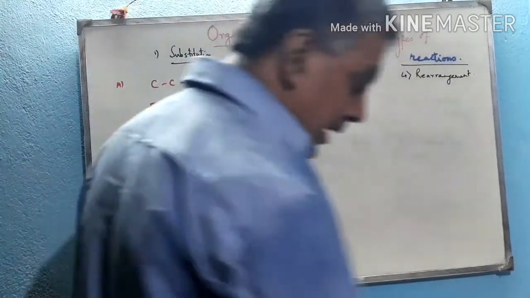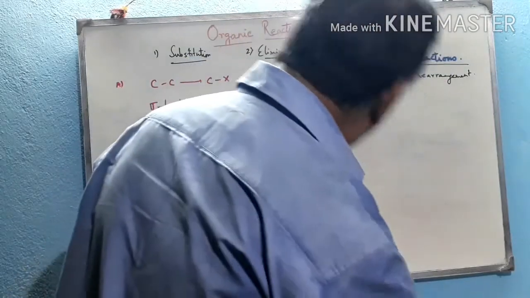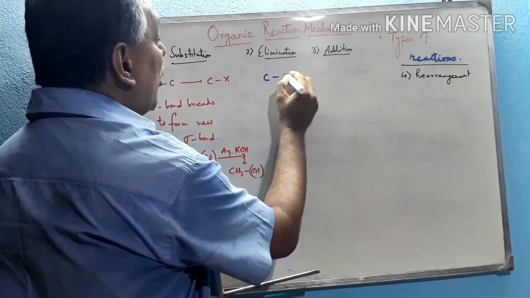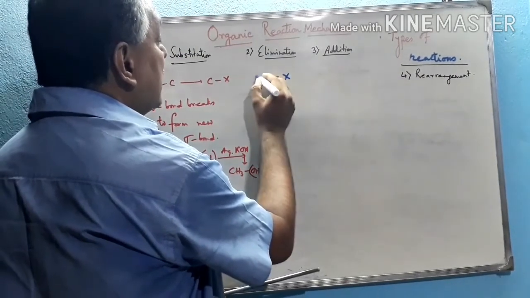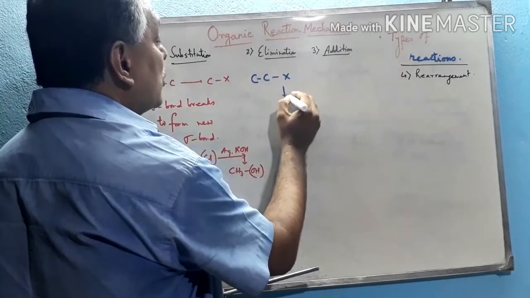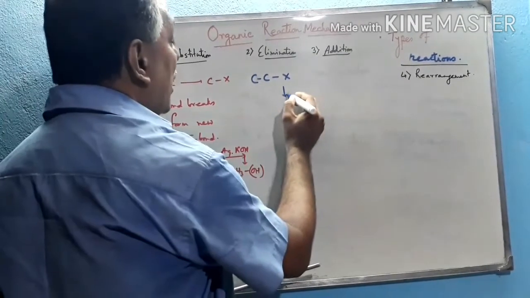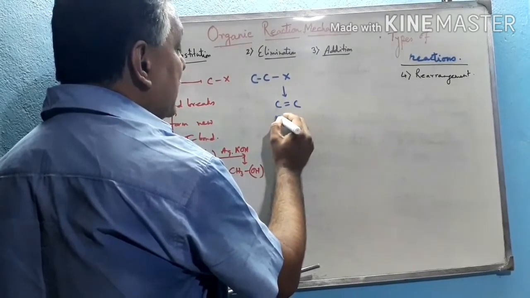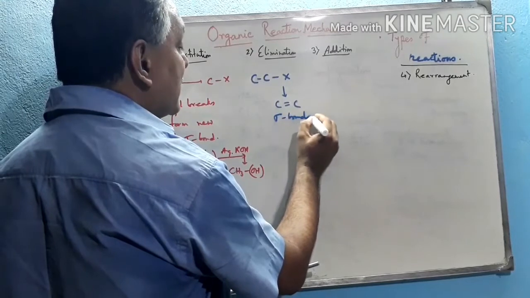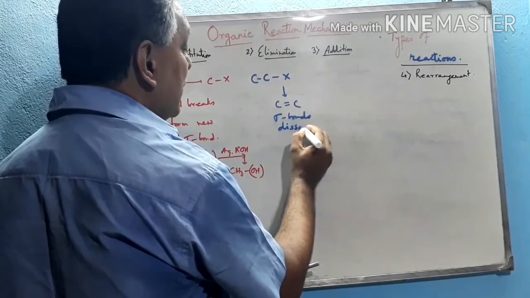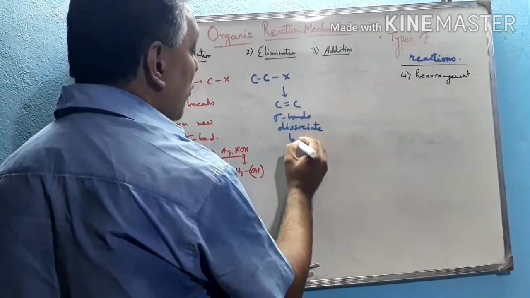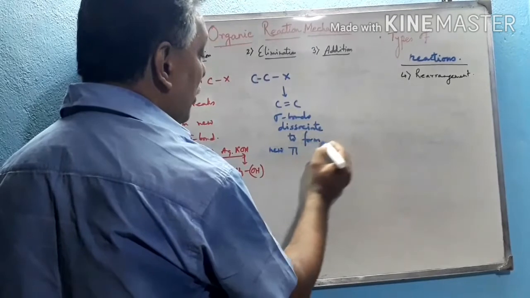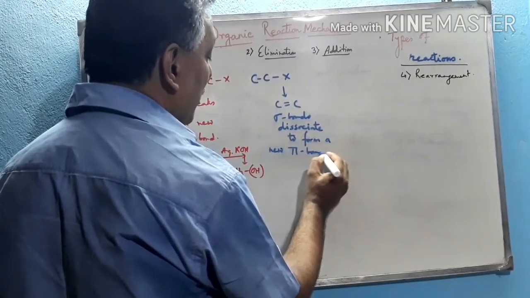Second part is the elimination reaction. Here C single bond X, at least 2 carbon atoms are needed to form C double bond C. That means the main characteristic is that sigma bonds dissociate to form a new pi bond.